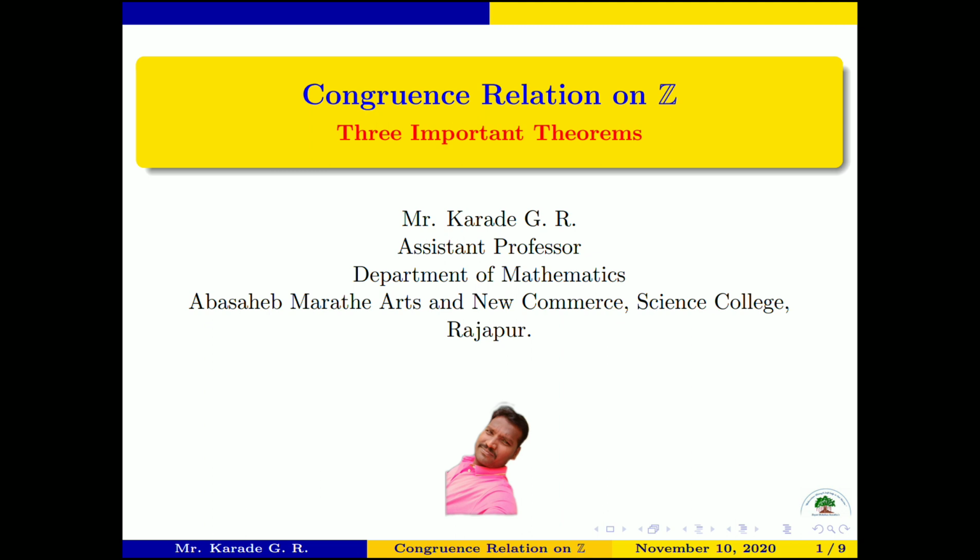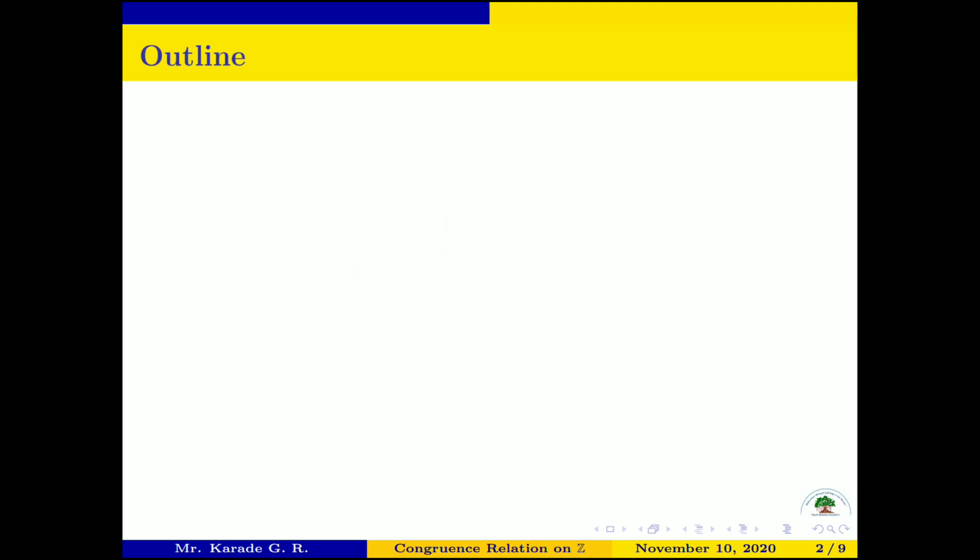In this lecture, we learn about congruence relation on Z and we study three important theorems in congruence relation on Z. The outline of our lecture is: first we see Fermat's little theorem and examples on Fermat's little theorem.